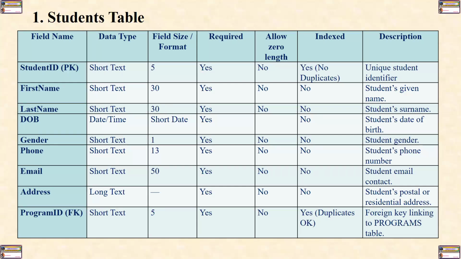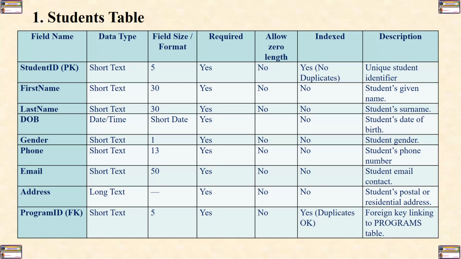We also set the data types in our previous presentation, which was part 9 of the series. So what we are going to do is just add additional information. We are going to add the field size, the format, how many values or characters a field is supposed to accommodate.